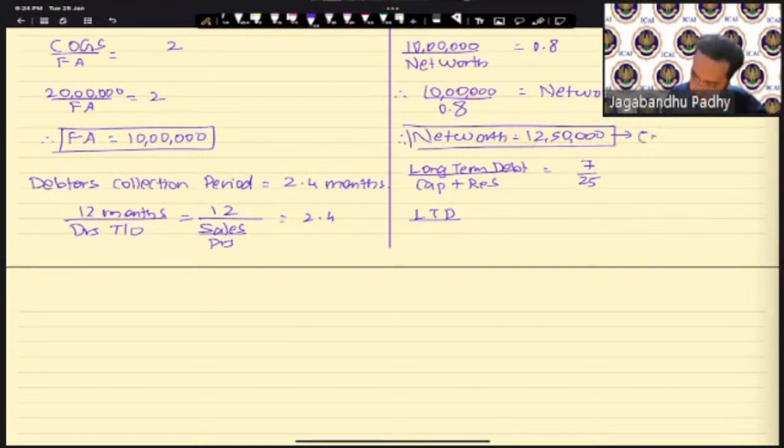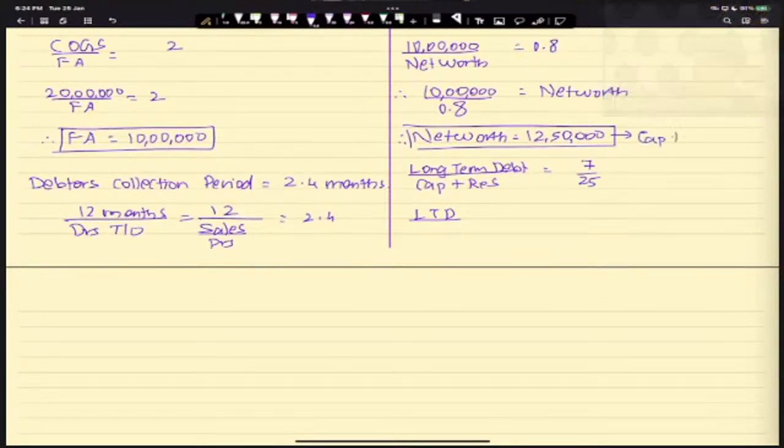So long-term debt upon 12 lakh 50,000 is 7 by 25.